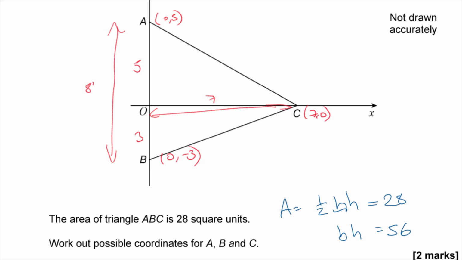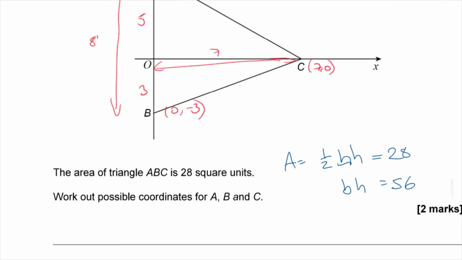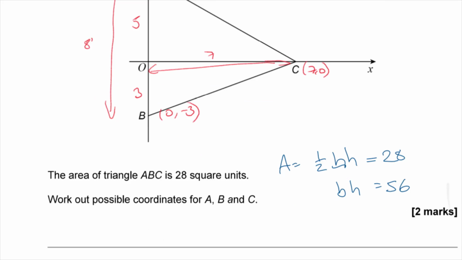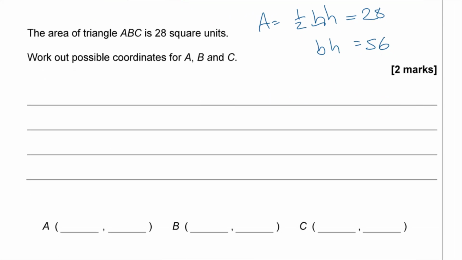Okay, so they're my three possible coordinates. Now, there are all sorts of other possibilities as well, but it doesn't ask me for all of them. It just asks me for a possibility. So I'm going to go with those three: 0, 5, 0, -3, and 7, 0. Okay, others are possible.